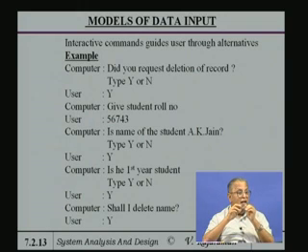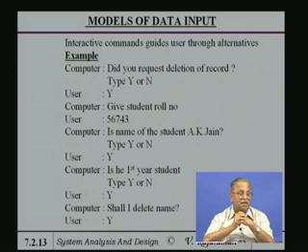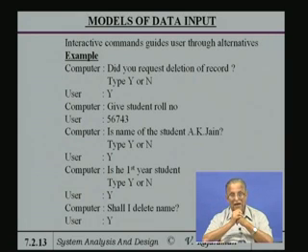Then it will go and retrieve the file and ask the question, is the name of the student A.K. Jain? Type yes or no, and because you wanted to delete, you would have the entire data about that student, and if this is a first year student, yes or no, and shall I delete, it asks again, and you say yes.